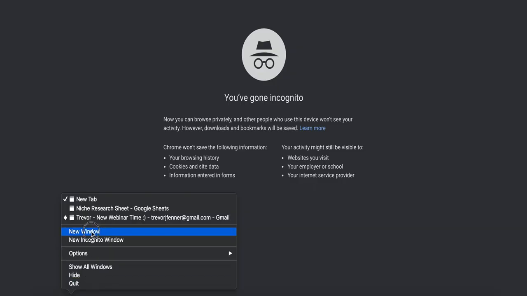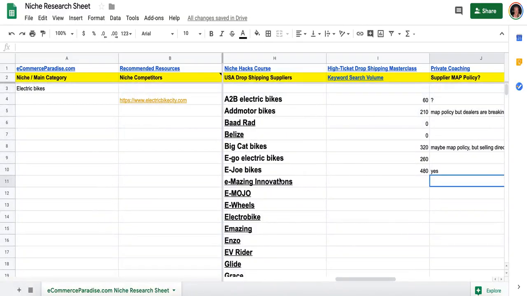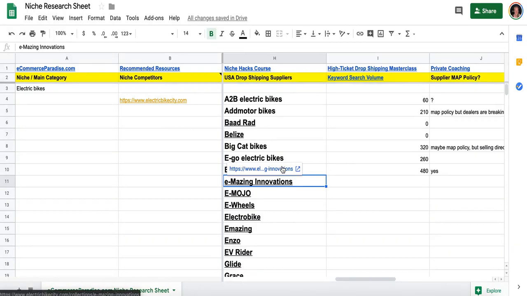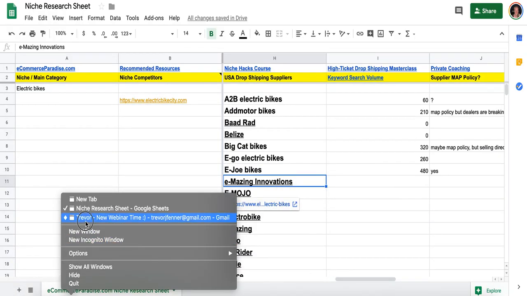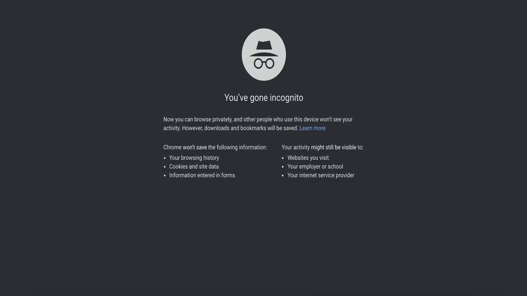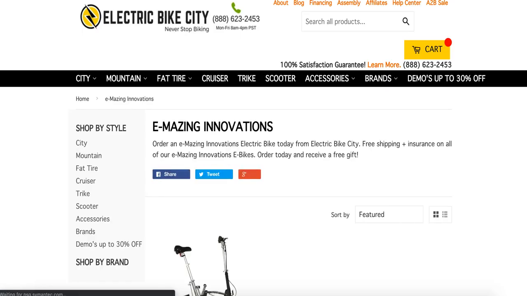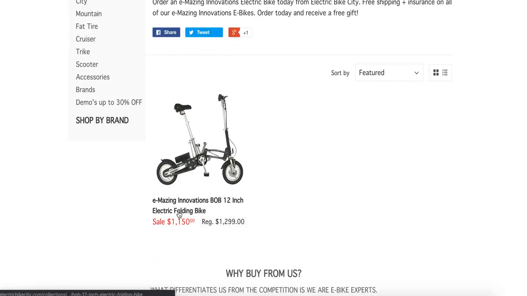And we're going to go to the store here, and we're going to type in the domain. So what I'm going to do is take the product name, and I'm going to go to google.com.